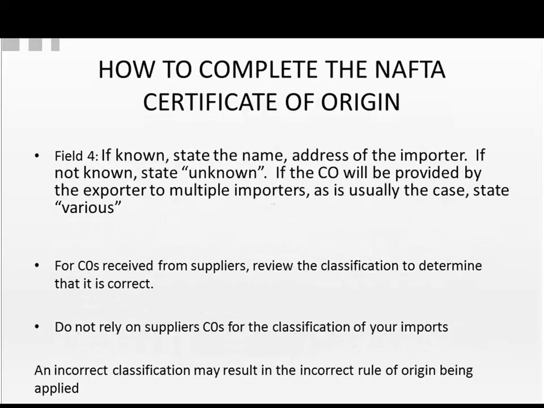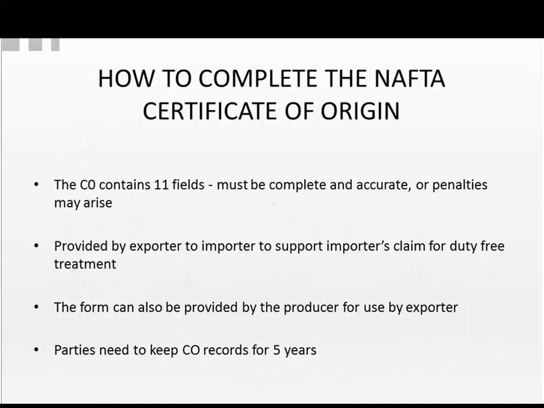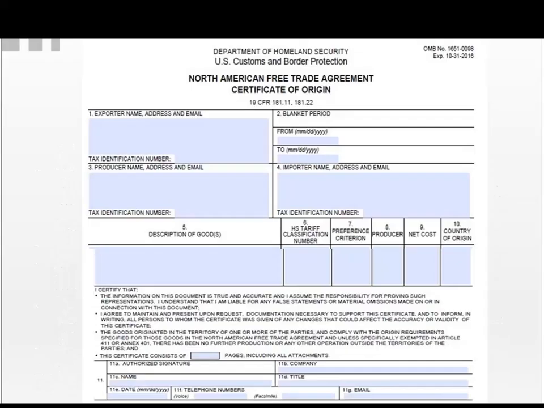Back. Okay. Producer, name, address, and email. Now, that's somewhat confusing. So you just want to put same if it's the same as the exporter, or unknown, as the case may be, with respect to the producer. Whether they're the same as the exporter or unknown is all you need to put in there.